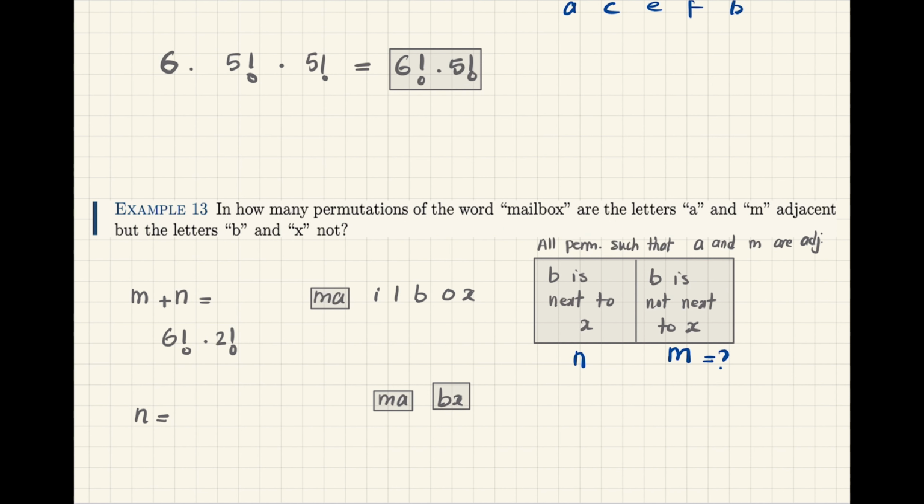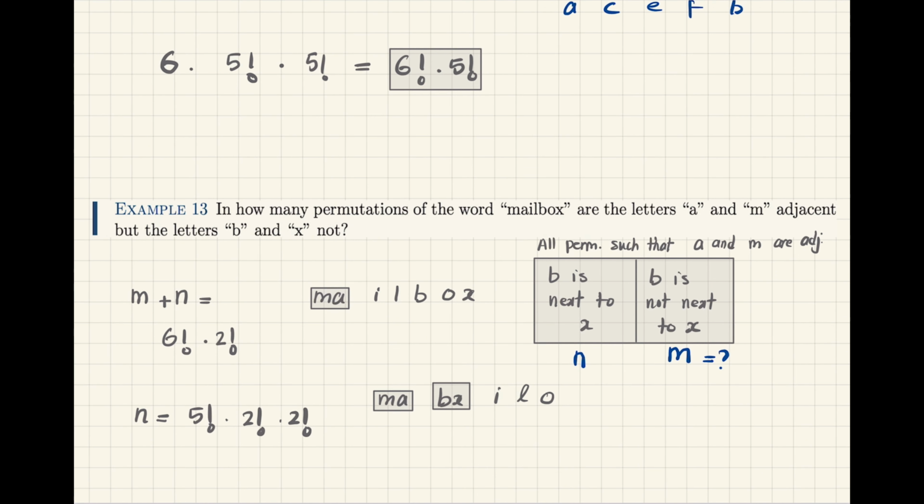What is left for me? I, L, and O. In how many ways can I do this? One object, second, third, fourth, and fifth object. So I will have 5 factorial, times 2 factorial for this box, and 2 factorial for the other box. So this is the total number N.